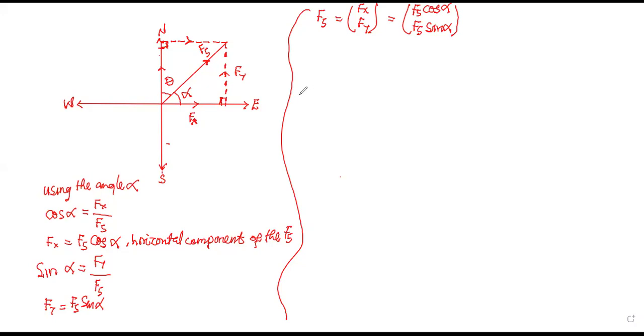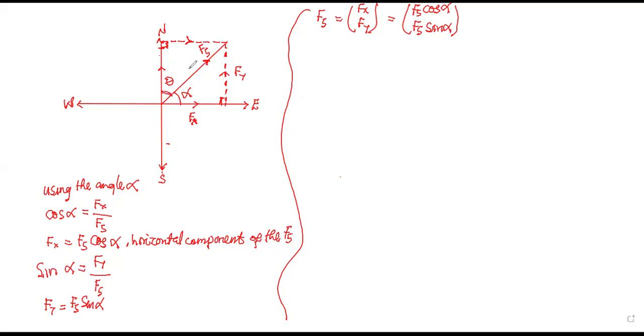When we talk about tangent, we don't mention hypotenuse because tangent is the ratio of the opposite side to the adjacent. Are you okay? Frank, are you okay? Yes, sir.